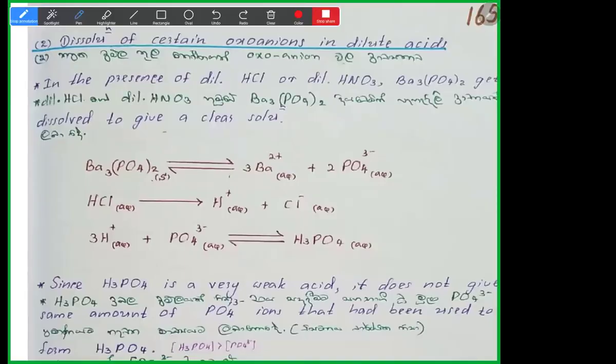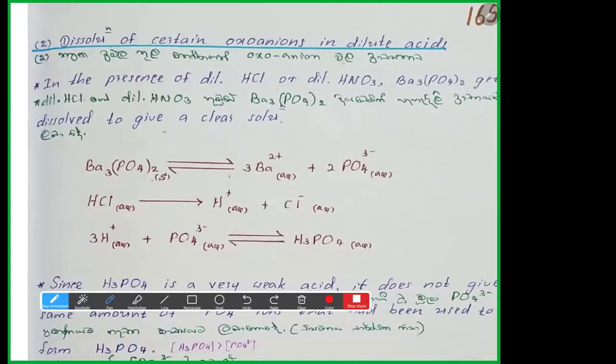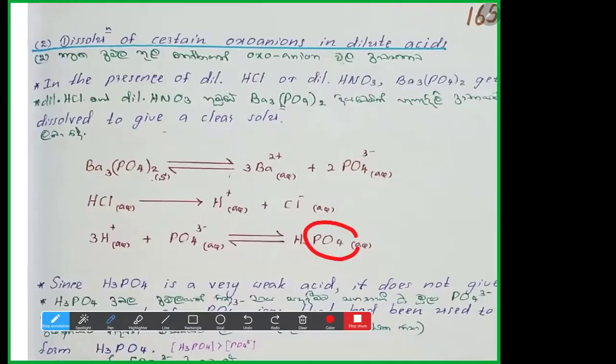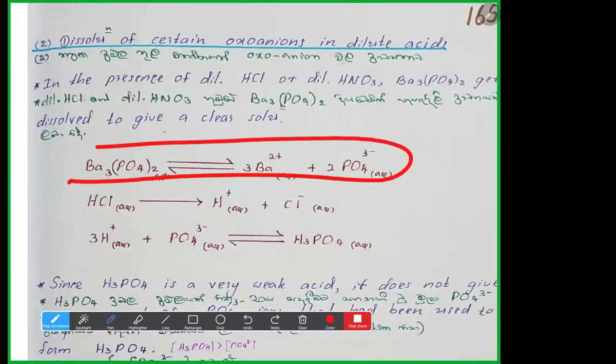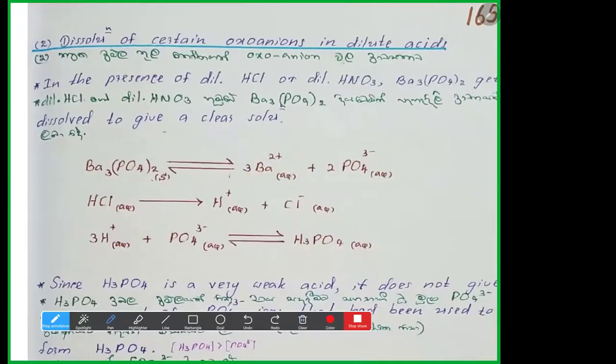When you are using this weak acid, the phosphate is supposed to come from this weak acid. Then what happened here is, to this equilibrium mixture, we are adding H+. Then H+ reacts with phosphates to make phosphoric acid. What do you know about phosphoric acid?